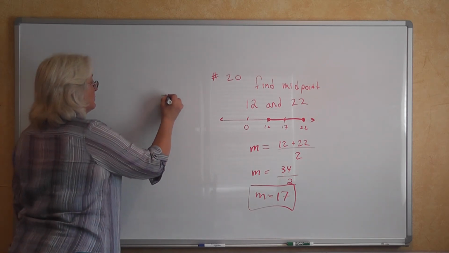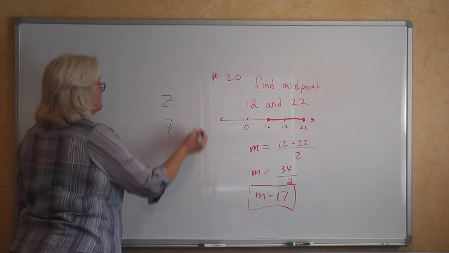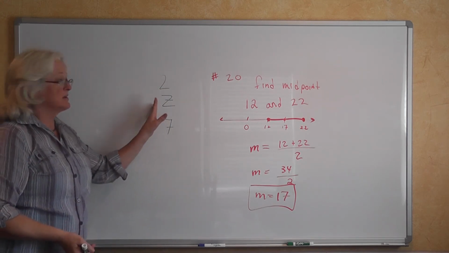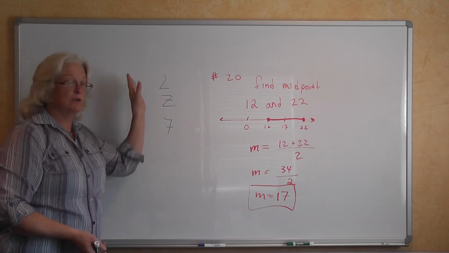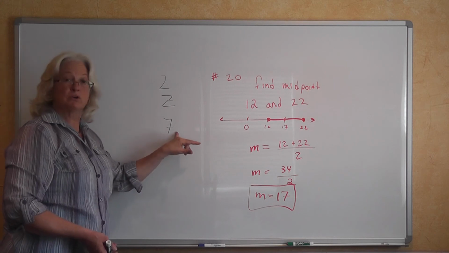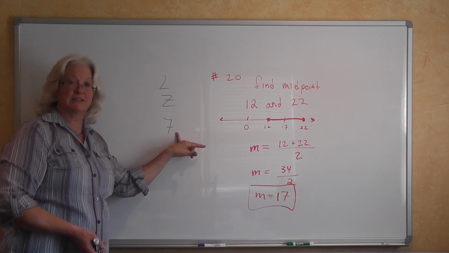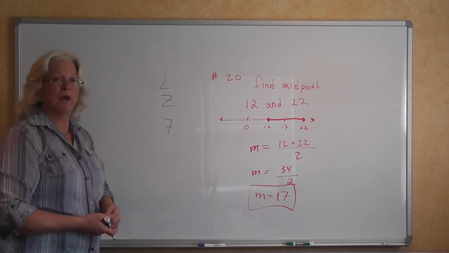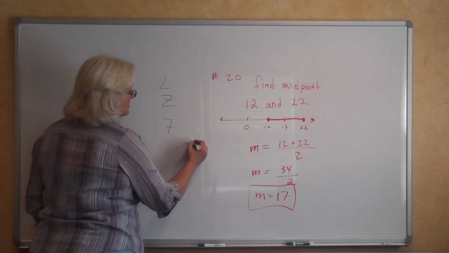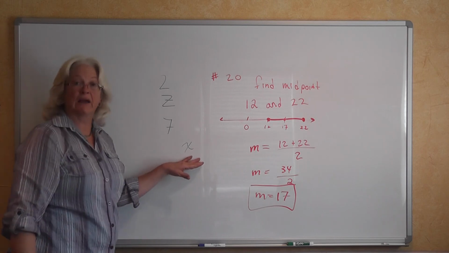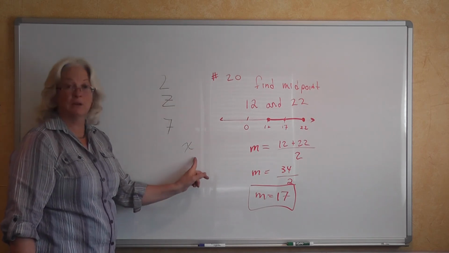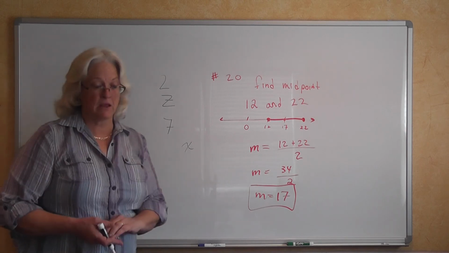This is how I'm going to write a Z, and this is how I write a number 2. 2's can sort of look like my Z's, or Z's can look like 2's, so I'm going to put a slash through a Z. I'm also going to put a slash through my 7. And when I write variables, when I'm talking about X, this is what X is going to look like. Just some little tips to remember about my handwriting.